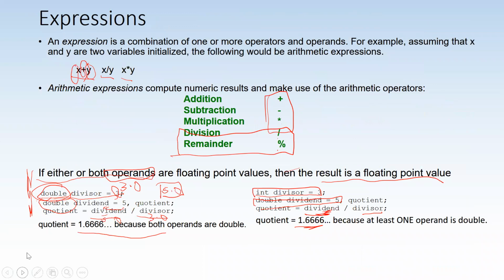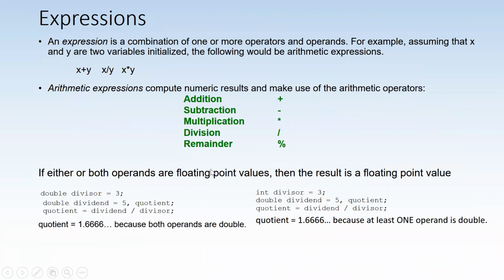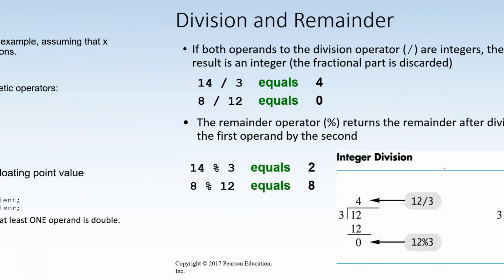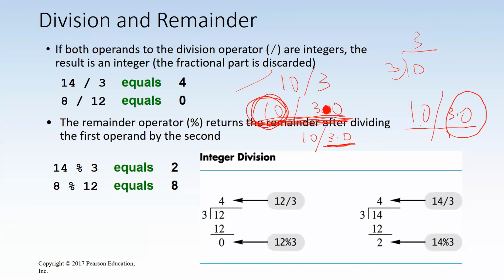So whenever you have doubts, always go back to the rules, and it just accurately, precisely follows the rule. So if either or both operands are floating point values, then the result is a floating point value. And that's why if you have 10 divided by 3.0, it gives you 3.333, even though this is a 0, but 3 point, okay, that makes it a double.